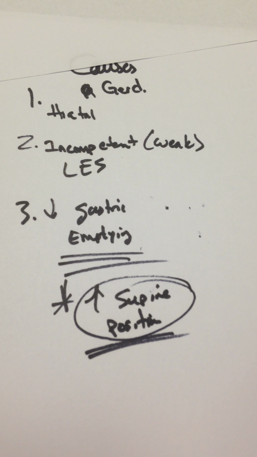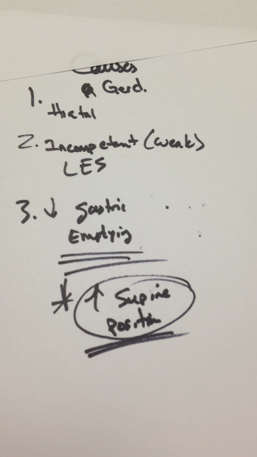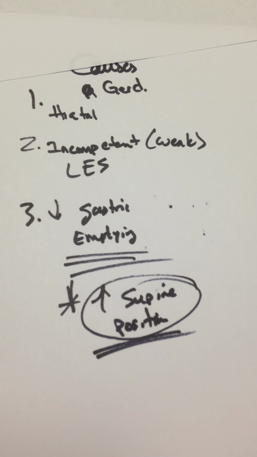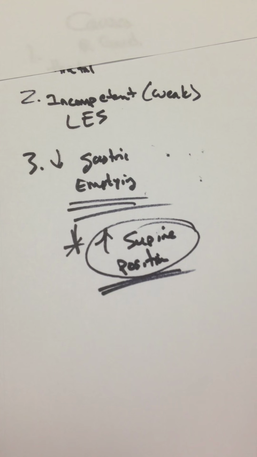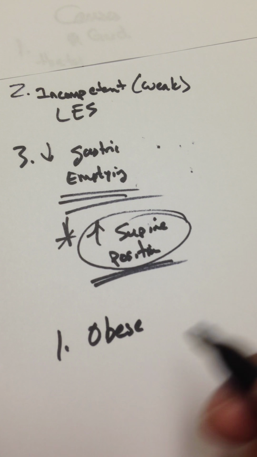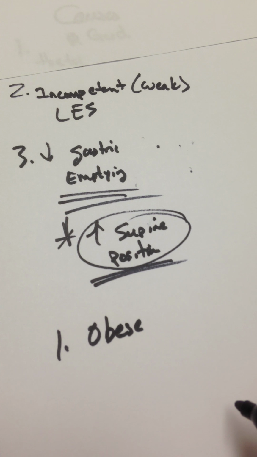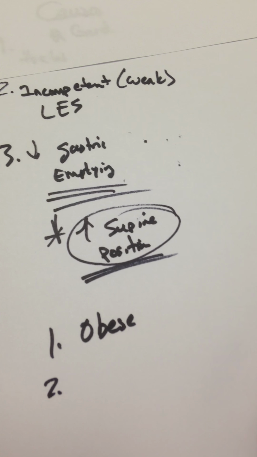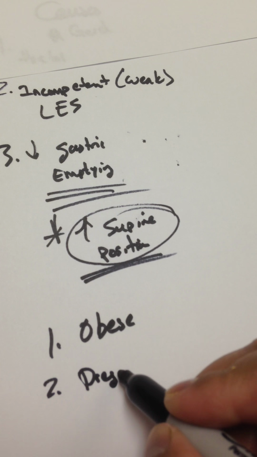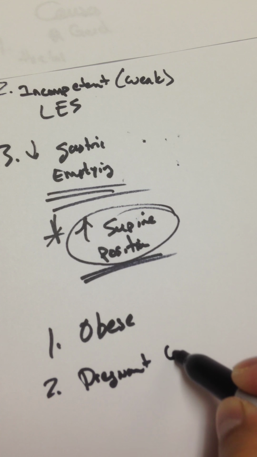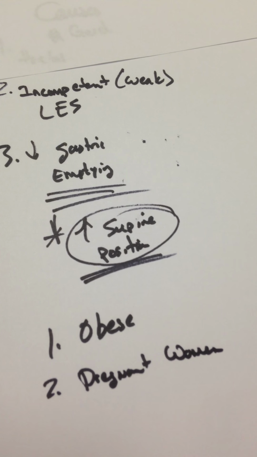Again, that abdominal pressure is going to increase and make it more likely for you to suffer from reflux disease. So people that are at greater risk for this are, number one, obese patients, again just due to that large amount of pressure in the abdomen, and two, pregnant women, again, increased abdominal pressure.